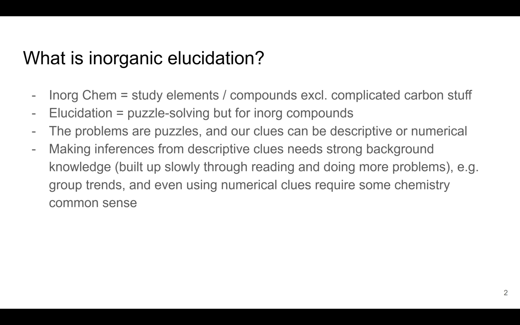And even using numerical clues sometimes requires chemistry common sense. So for example, when the numerical clue fits two elements, you need to decide which element will make more sense chemically. So if you know a compound will be impossible to form, then of course you need to remove that compound from your consideration and not give that as your final answer.